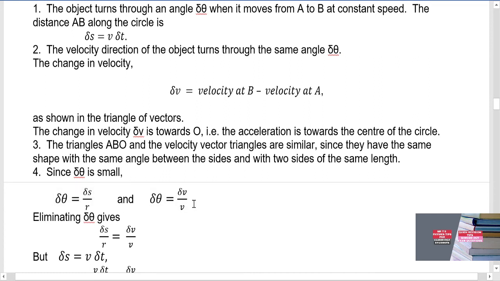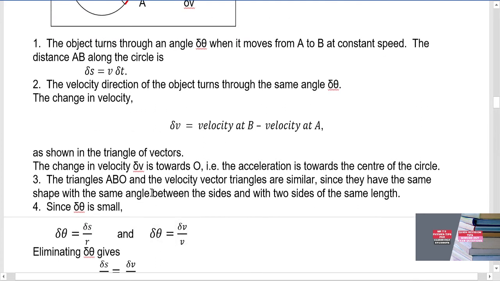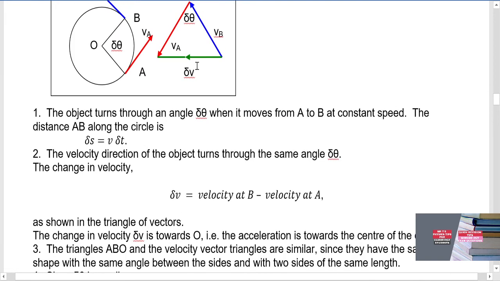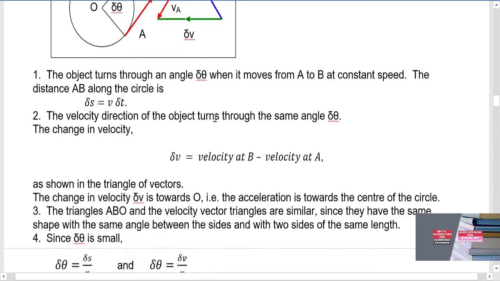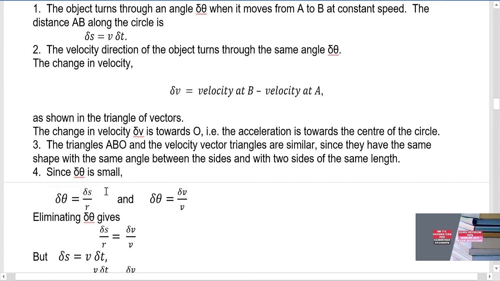And then d theta is also equal to dv over v. I think I need to show this.